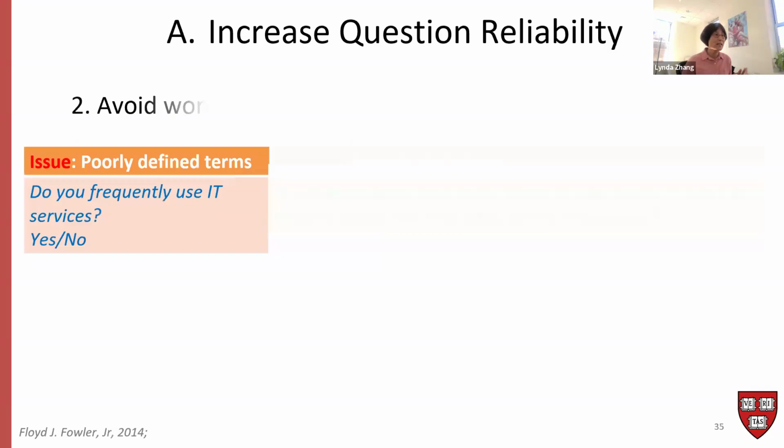So avoid jargon. The second is to avoid words with ambiguous meanings. Here's an example. Do you frequently use IT services? It seems all right, but you can see that frequency has no standard of interpretation. Daily, weekly, everyone will have different opinions about what it means to be frequent.